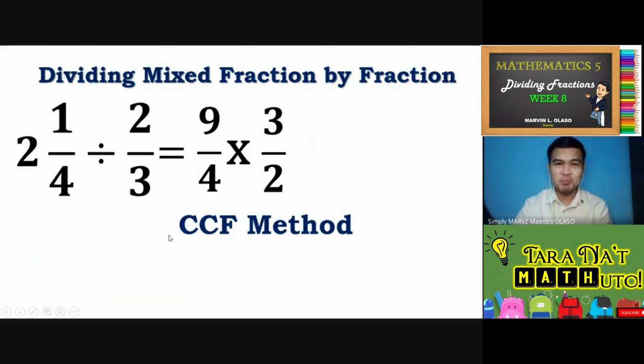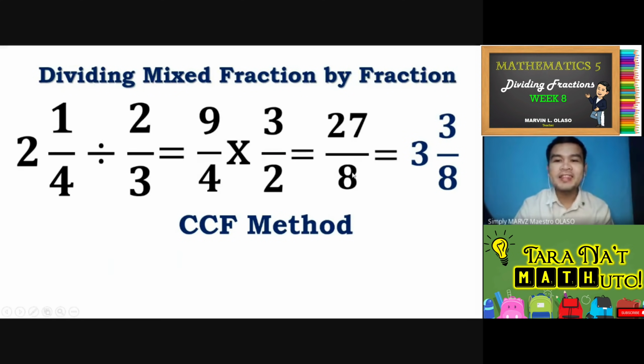Then, let's multiply or use the cancellation. Can we use the cancellation? No. So just multiply 9 times 3, 27. Then 4 times 2 equals 8. 27/8 is an improper. Change that to mixed number. 27 divided by 8 equals 3.